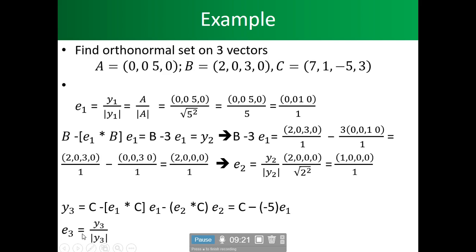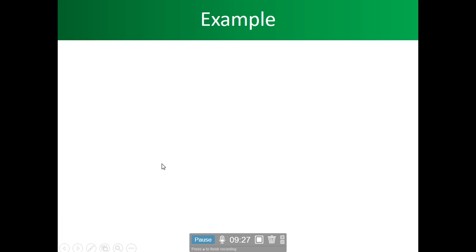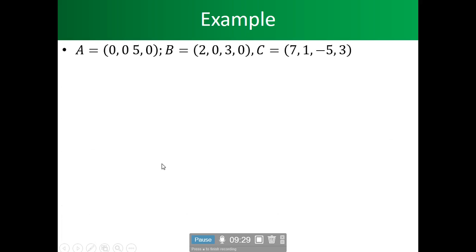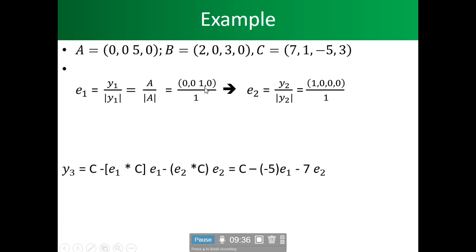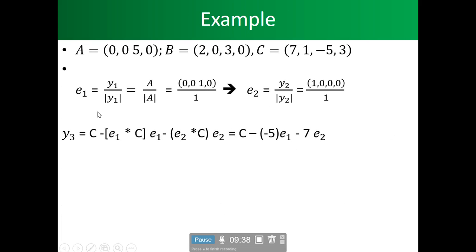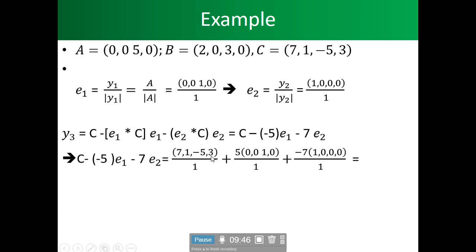Then it tells us that to get E3, we need Y3 over the absolute value of Y3. So we're going back up, putting up the original formula, defining what E1 is, showing you what E2 is. We'll need them all for the example. See, I told you there was some more. There it is, a minus 7 E2. So let's get started.